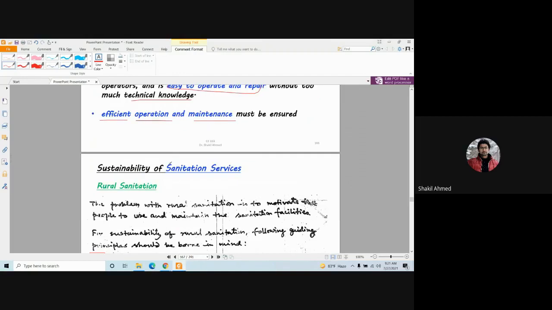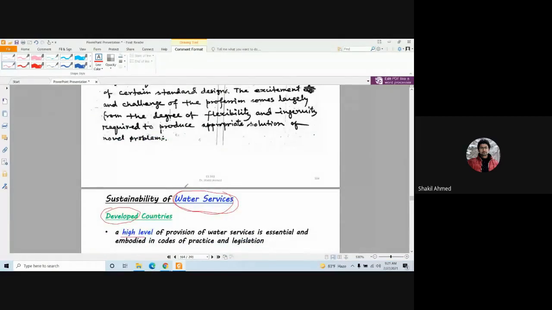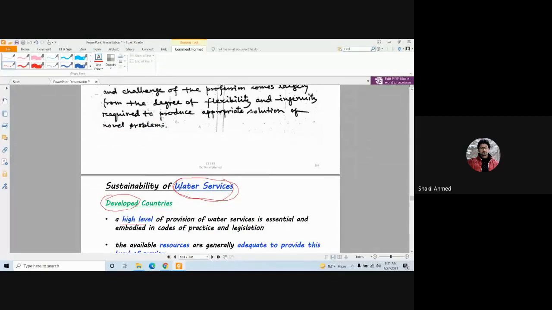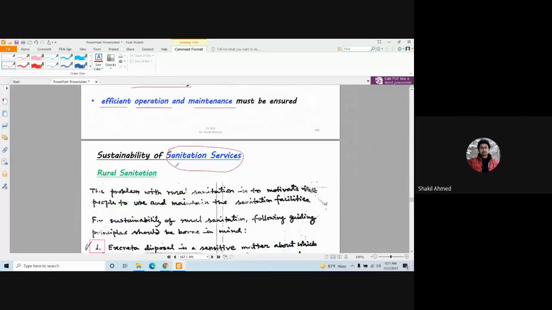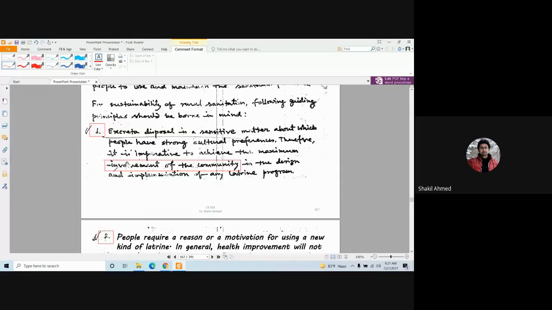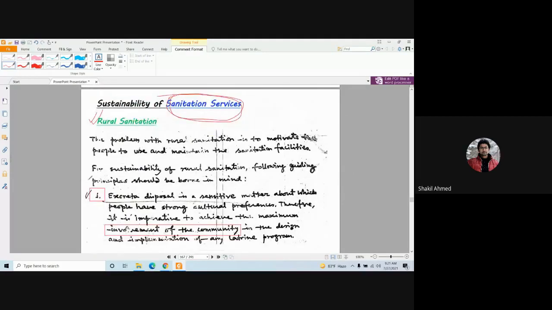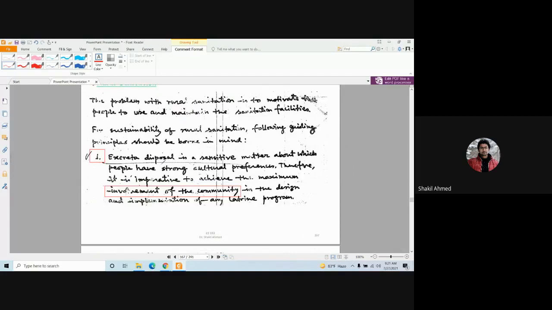Now, sustainability of sanitation services. So far, we have discussed sustainability of water service. Now, we'll discuss sustainability of sanitation service. In rural sanitation, as I told you, using a toilet in a rural area is a culture.